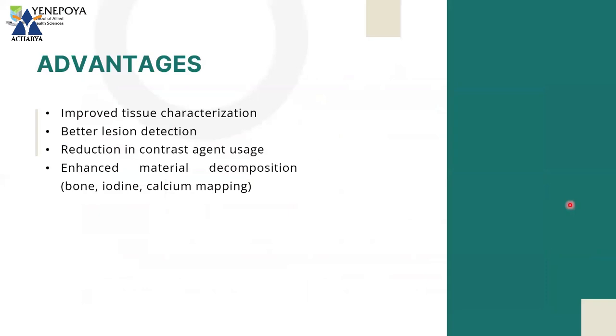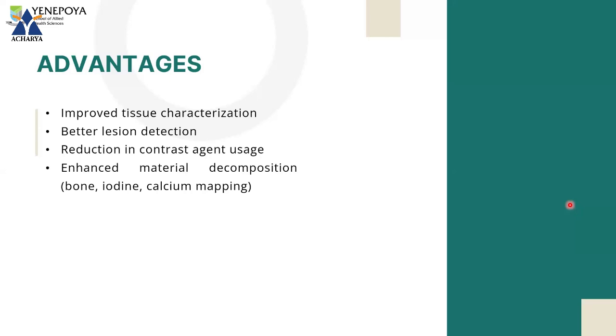Now let's go on to the advantages. I've already told you in the previous slides. One is that it will give you very good tissue characterization. You'll get to know what kind of tumor it is, what materials and tissues are present in a particular image.